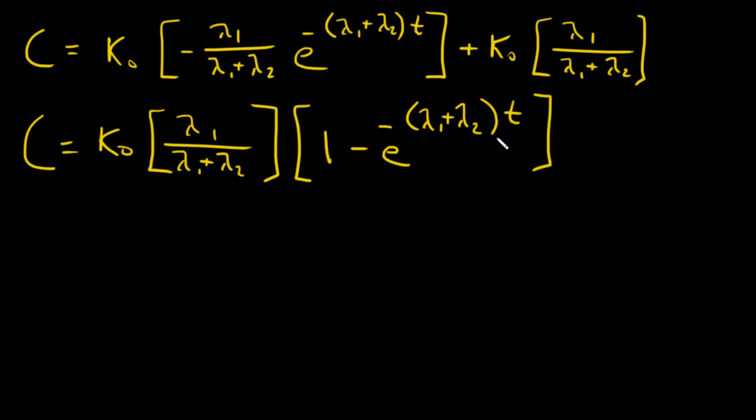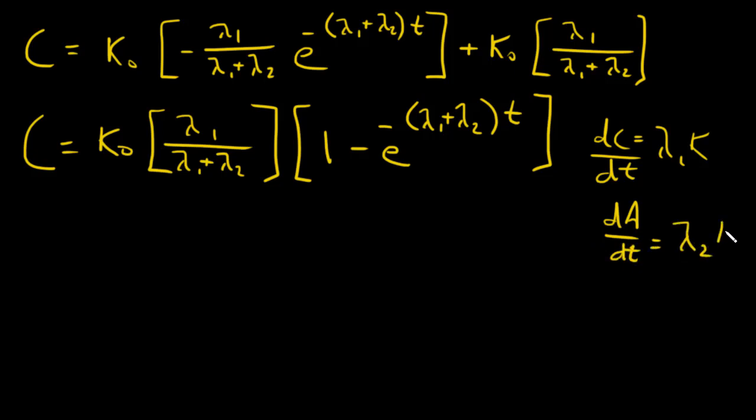That's not too bad. Alrighty, now, if you think back to what we did before this, we had that dC/dt was equal to lambda 1, and that dA/dt was equal to lambda 2, right? So if I do the whole process over again, it is going to look identical to this one, except for a single change.